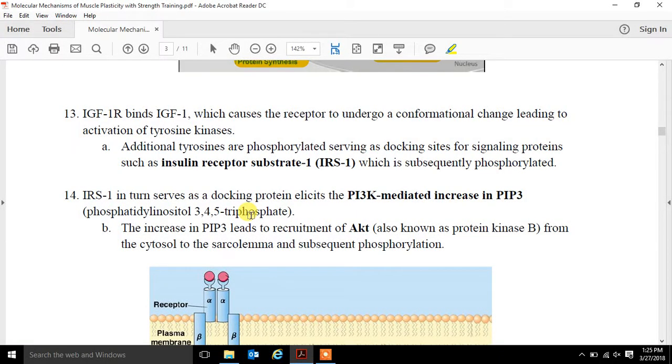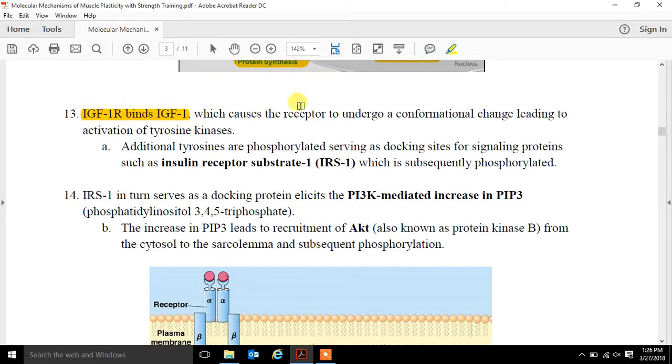So step one, we get binding between our receptor and our growth hormone. So here's insulin growth factor 1 receptor binds to insulin-like growth factor 1. So we get that binding.